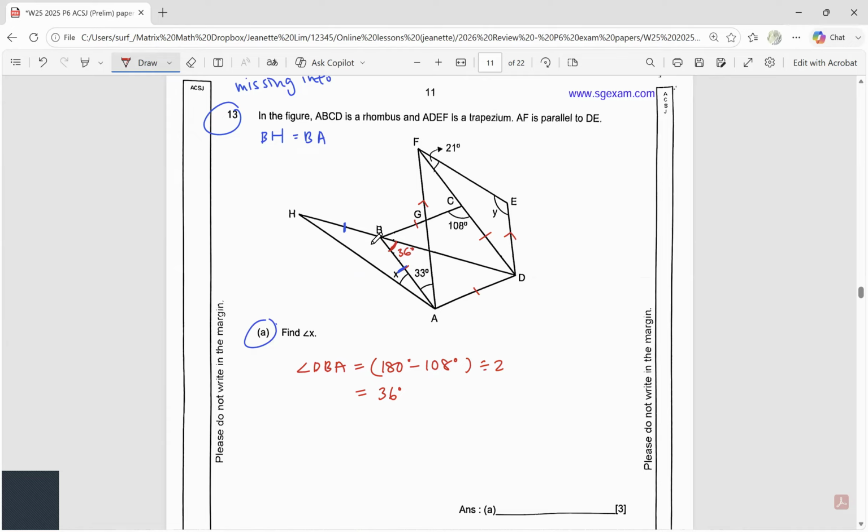Okay, then we find this angle here, angle ABH. Which is 180 minus 36. 144 degrees.